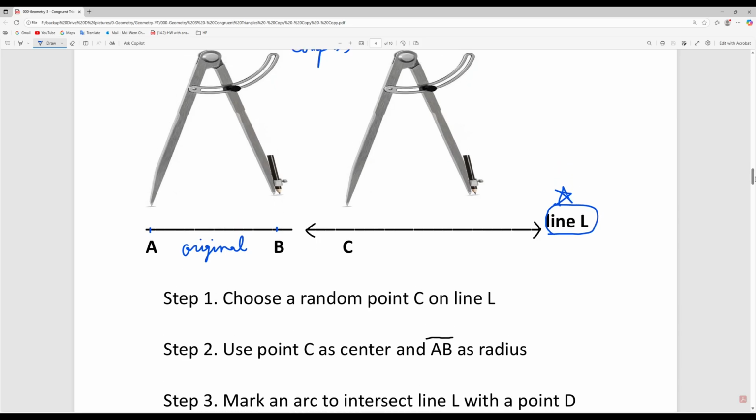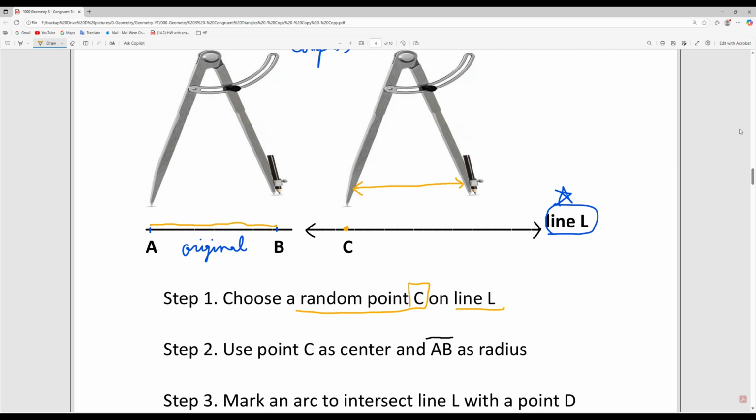Okay. So first step, you choose a random point C on line L. You decide C. And then you want to open your compass to be exactly the same size as the length AB.